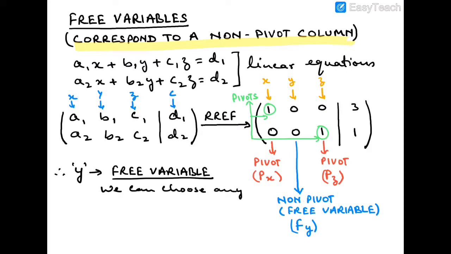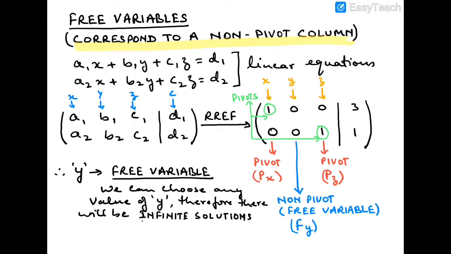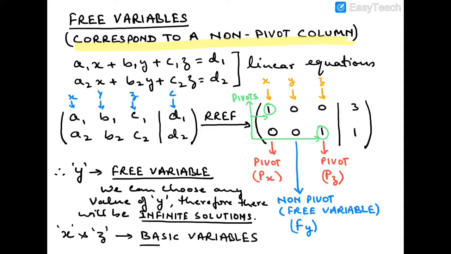So y is a free variable, so we can choose any value of y, therefore we will have infinitely many solutions, and x and z are called basic variables, whereas y is a free variable. So we can put any value of y here.